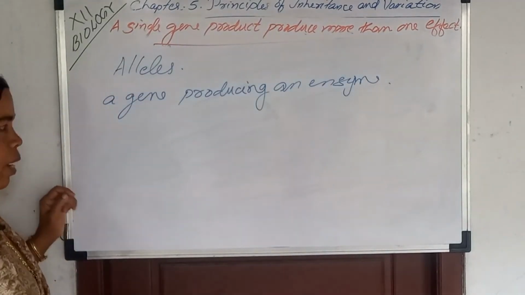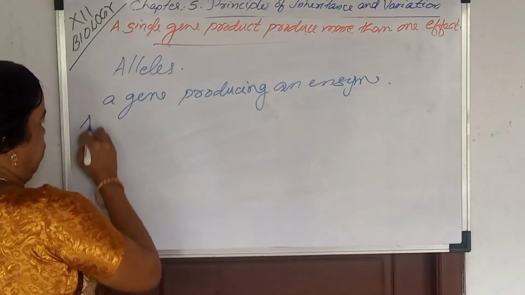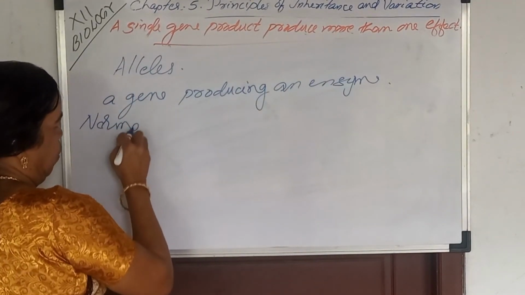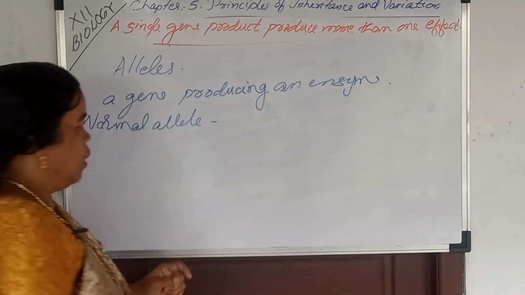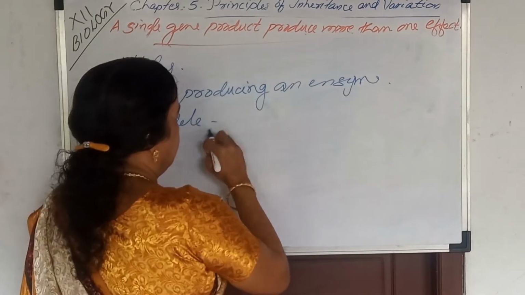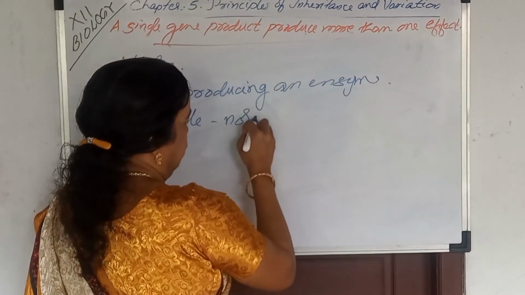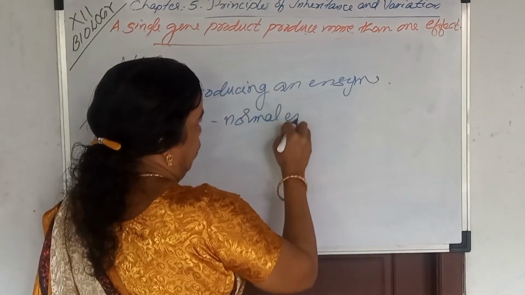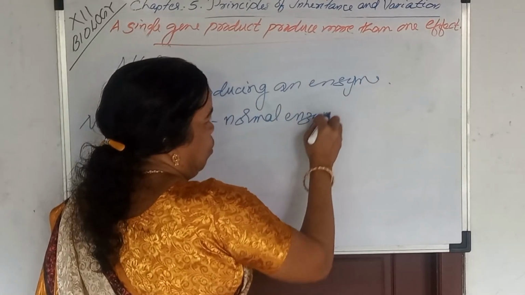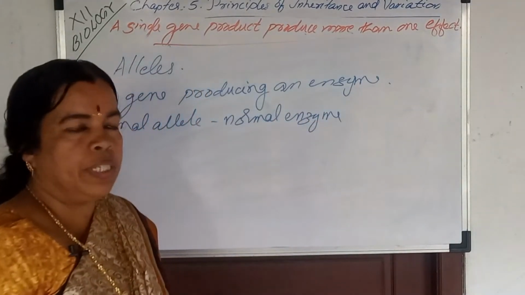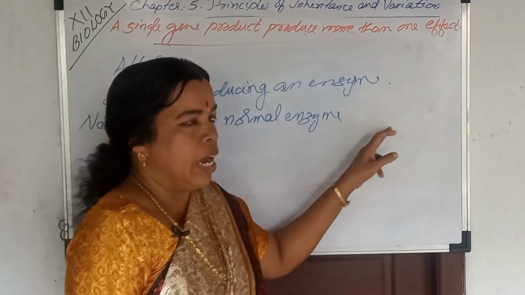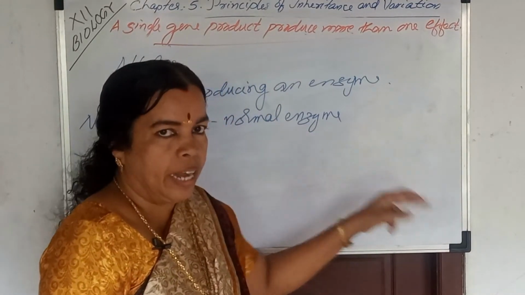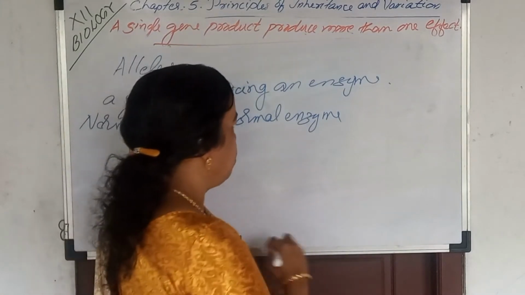Here in this example, the normal allele produces the normal enzyme. So that helps in the conversion of a substrate into product. You know the function of an enzyme: the enzyme attaches to the substrate and converts it into a product.